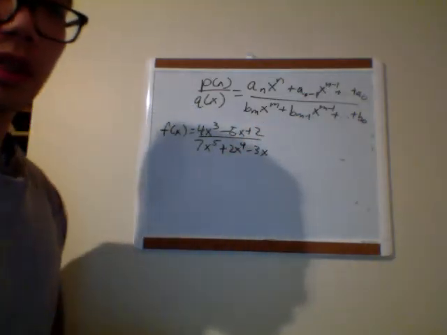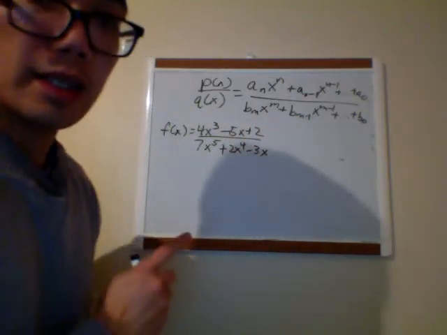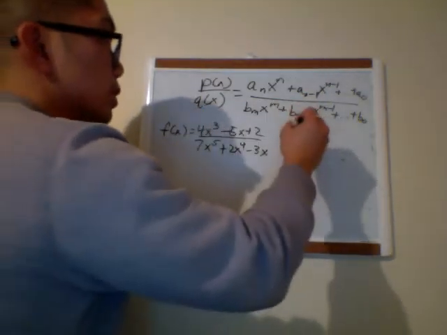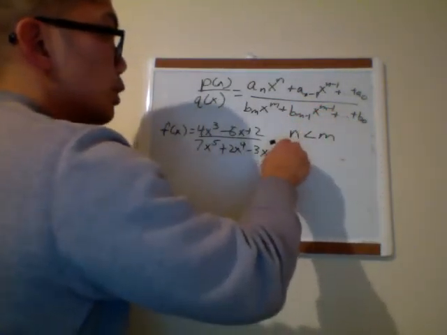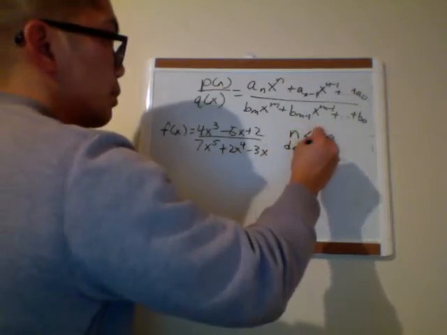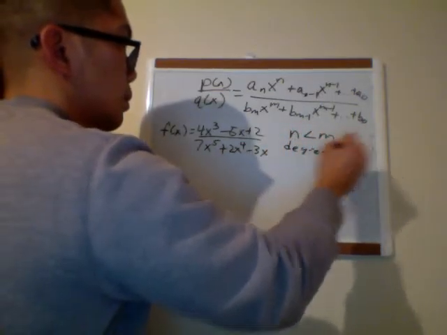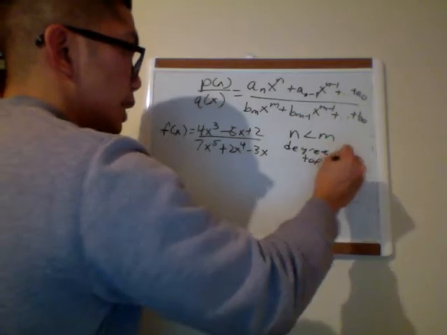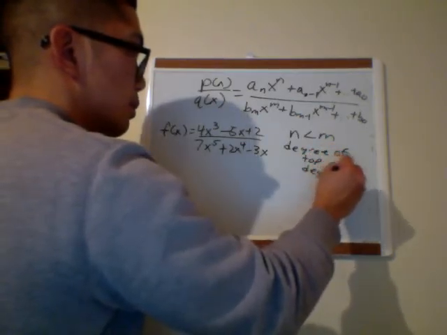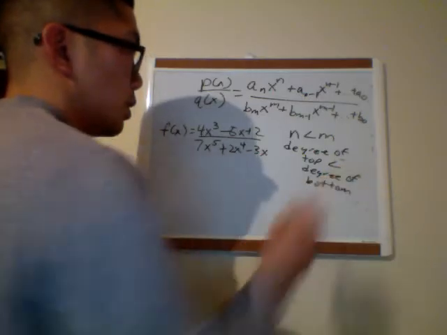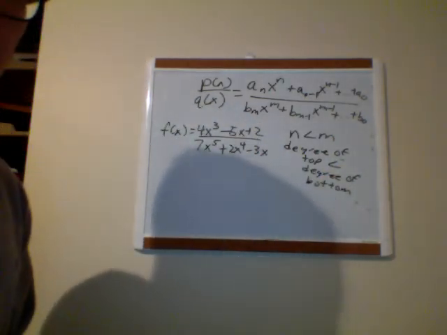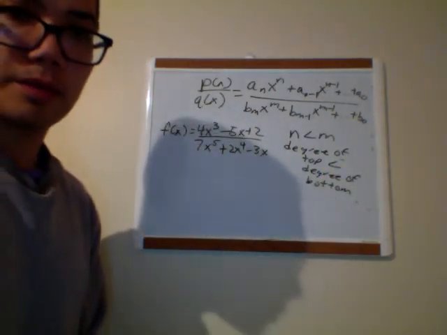Now, this is where n is less than m, which means the degree of the top is less than the degree of the bottom.